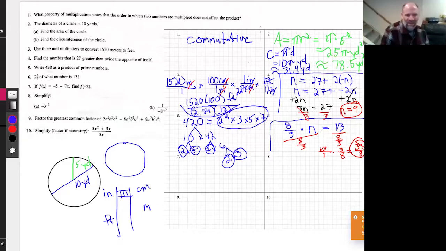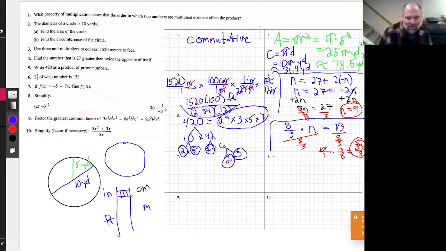So if f of x, so this is functional notation, so this might be confusing to some of you. If f of x, the function of x, this is not f times x, okay? If the function of x is to multiply it by 7 and then subtract it from -5, then what's the function of -2? So all we're doing is replacing x with -2.